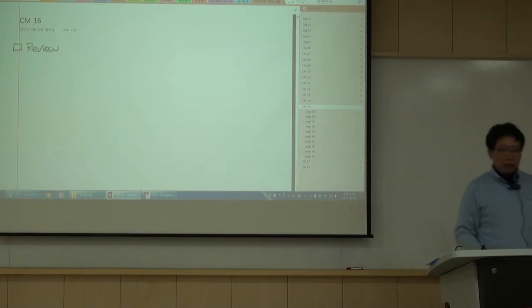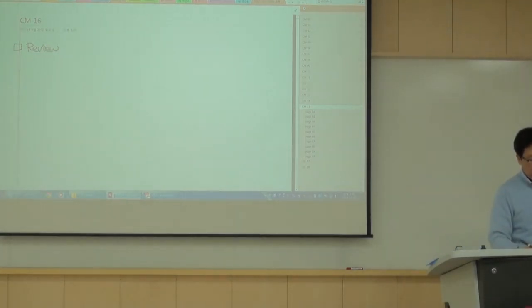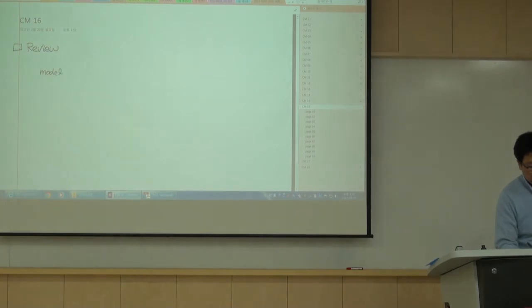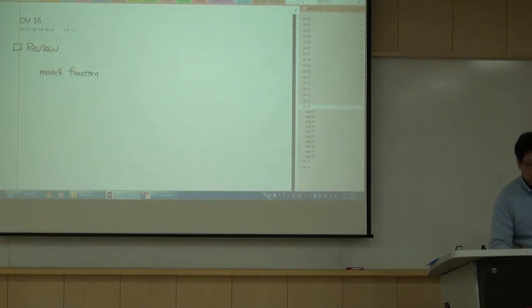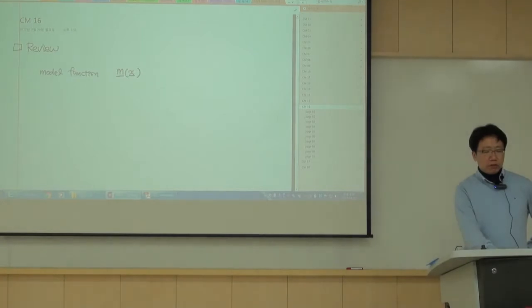So let me start by reviewing what we learned last time. The problem was like this. Here is a model function. Of course, in this class, we have a vector-valued function of the parameter to be determined.